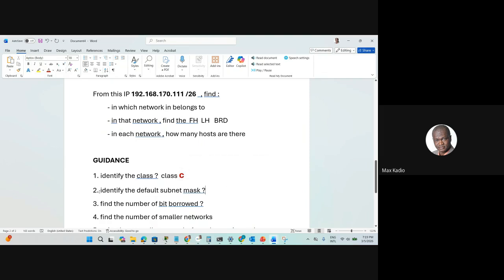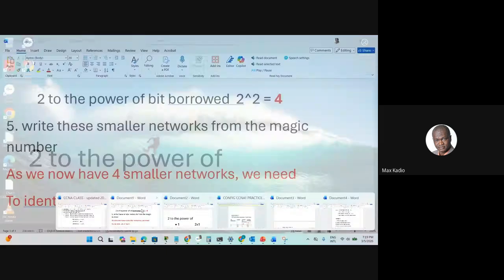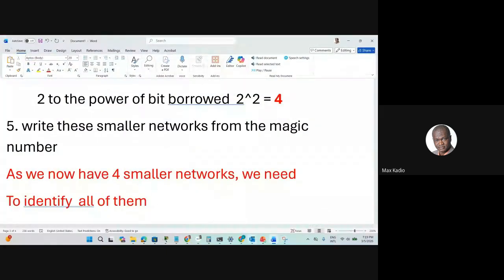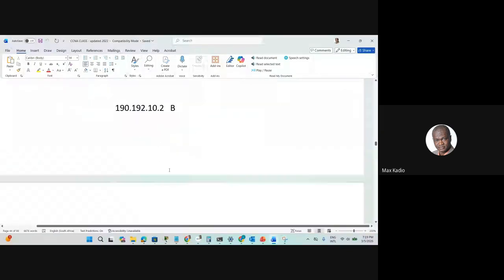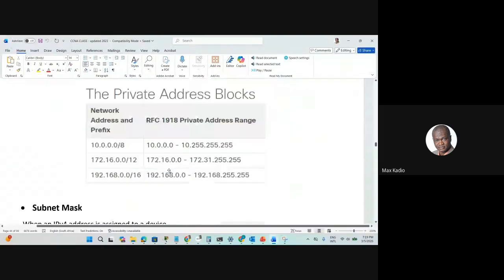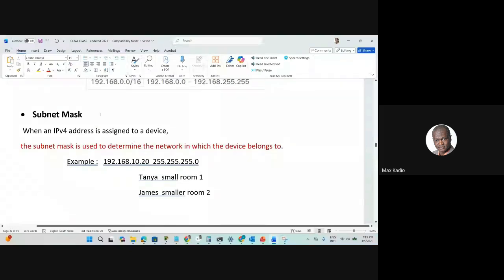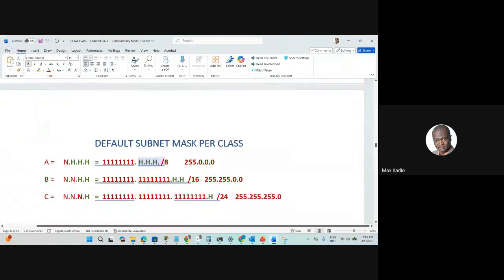Now for a class C, identify the default subnet mask. It's something we did also. The default subnet mask for class C is /24. I'll send it to you also. The default subnet mask per class is something you should know. Why do we say /24? It means we have 24 ones.